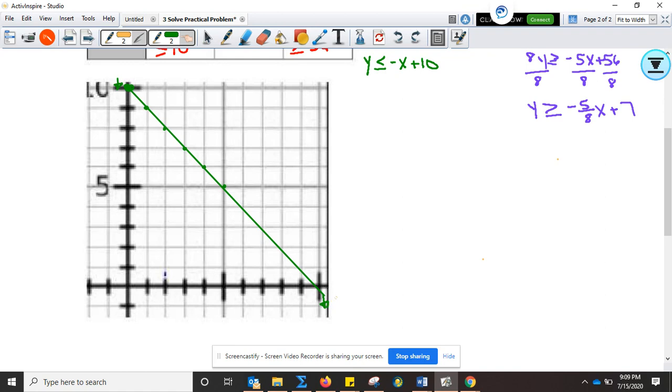Okay, so my second equation, let's go ahead and graph that one. So I'm going to go up 7, 5, 6, 7, and I'm going to go down 5, 1, 2, 3, 4, 5, and right 8. 1, 2, 3, 4, 5, 6, 7, 8. Okay, so I'm going to graph that line.